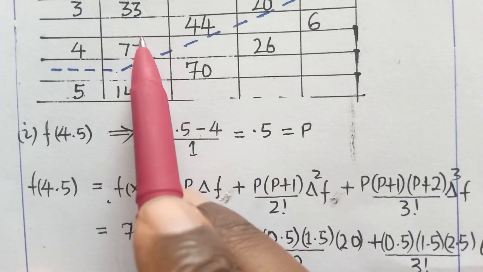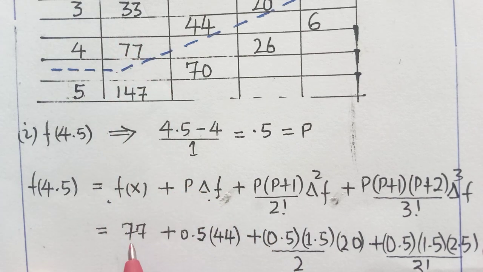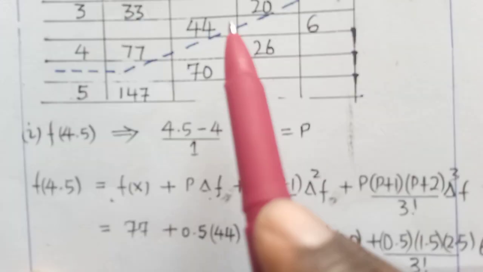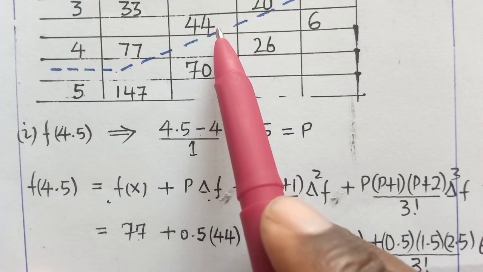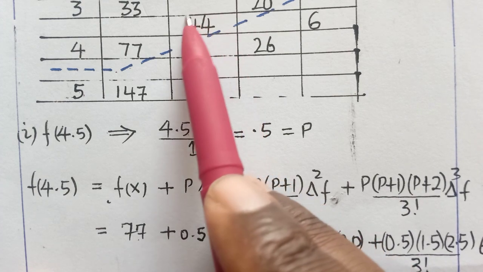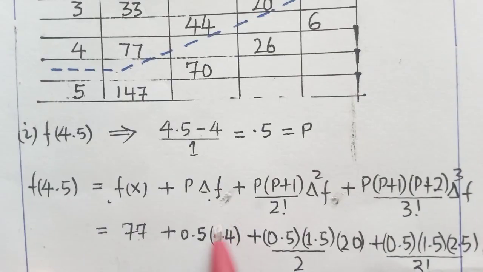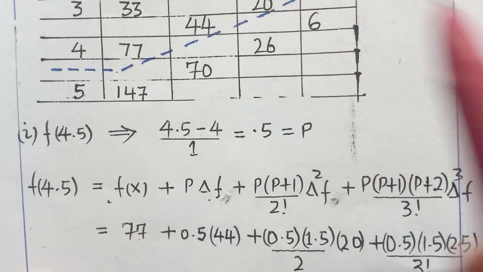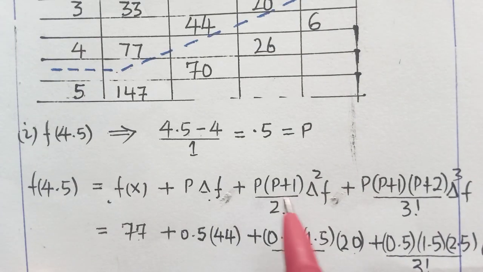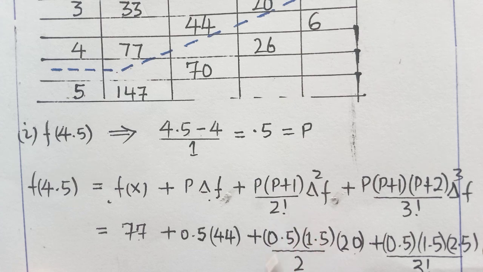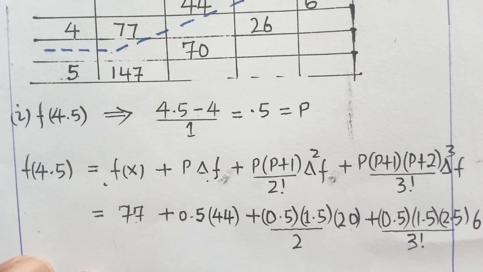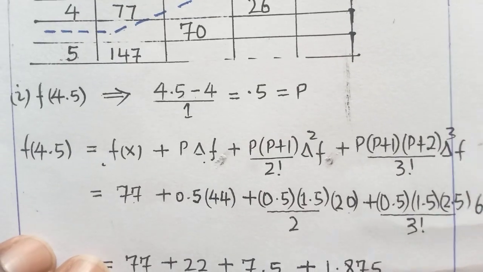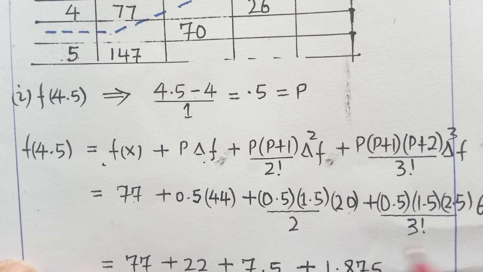So fx is going to be 77, which is here. Then for delta, that is for derivative 1, we have 44 here. And for the second derivative, we have 20, which is found here. And then this value is also there. And for the third derivative, we have 6.